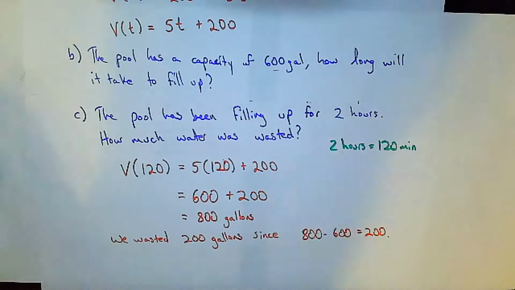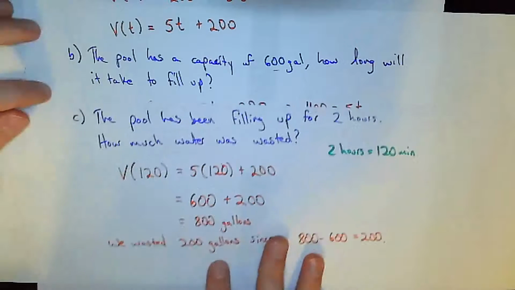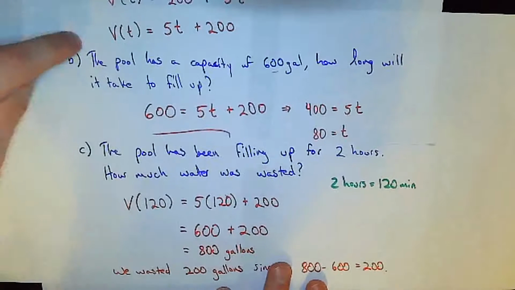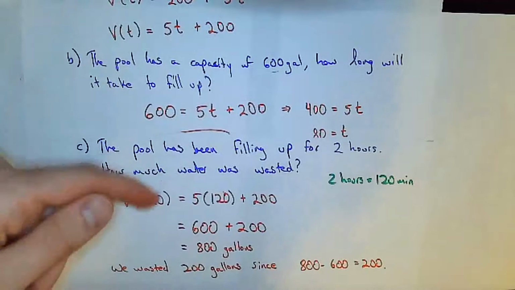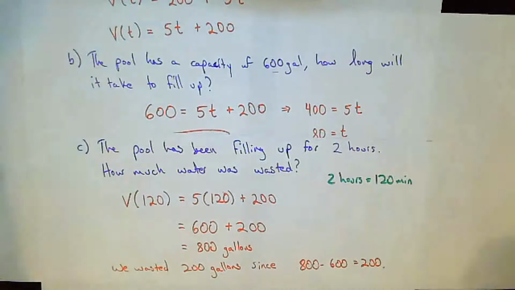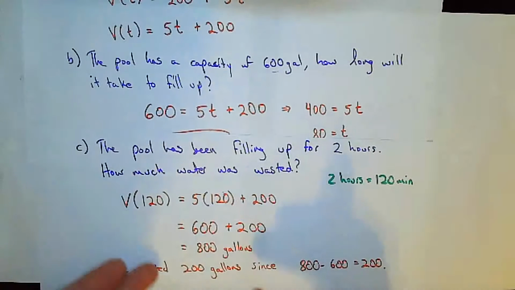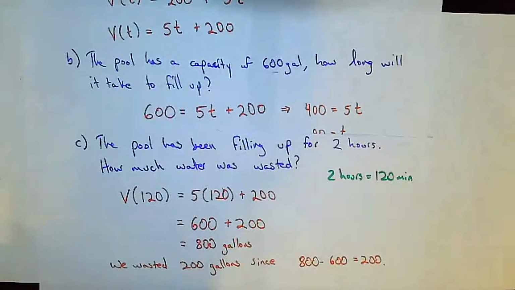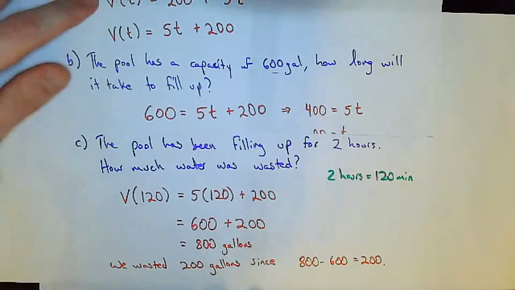And there's really only 2 questions that can be asked. Either you are given the output and asked for the input, which is what happened in part B, or you're given an input and asked for an output. It's either one or the other. You're either plugging in and evaluating, or you're setting it up and solving for the input.